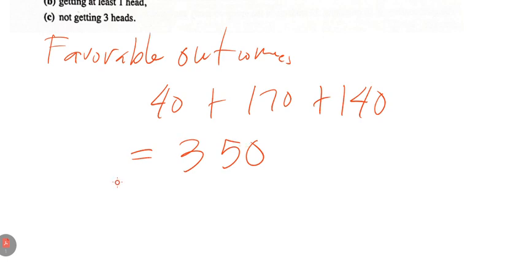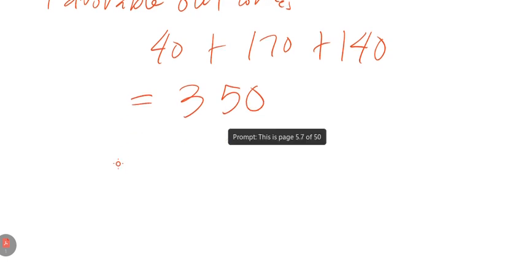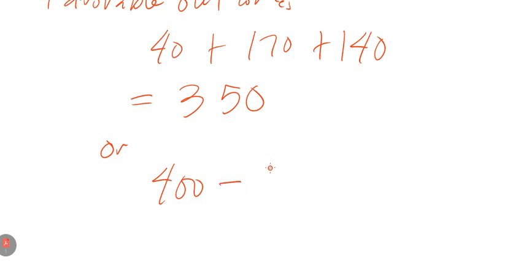Now using the complement, we just subtract: 400 minus 50 is equal to 350.